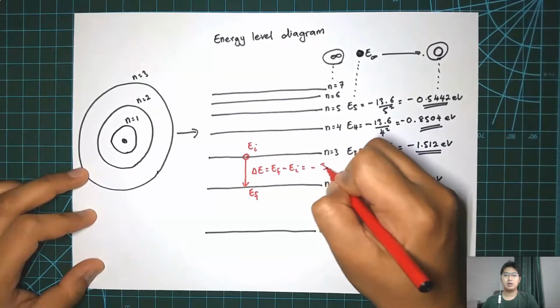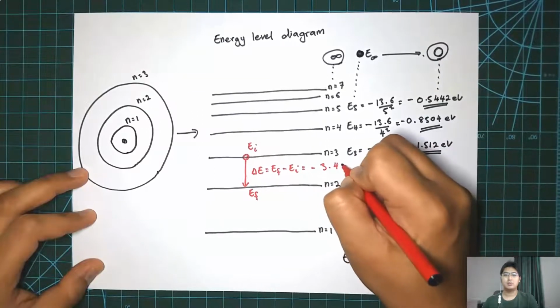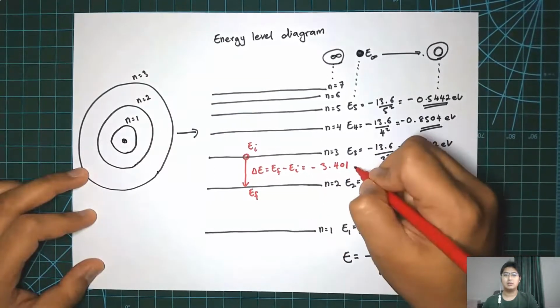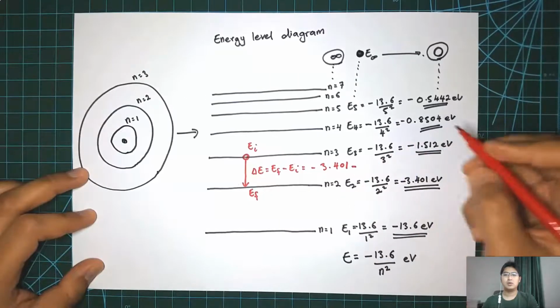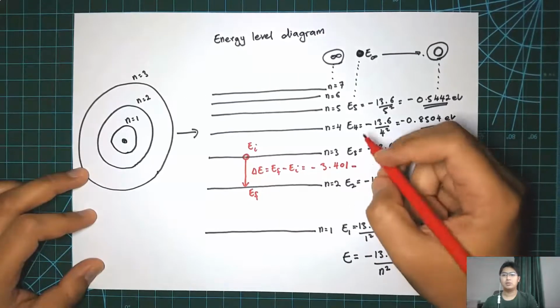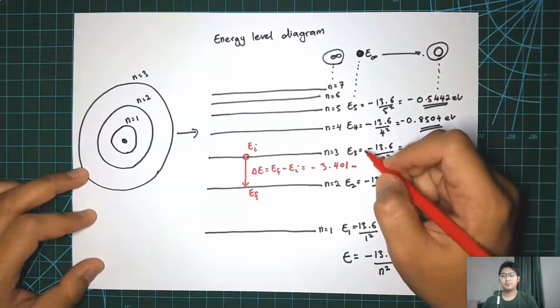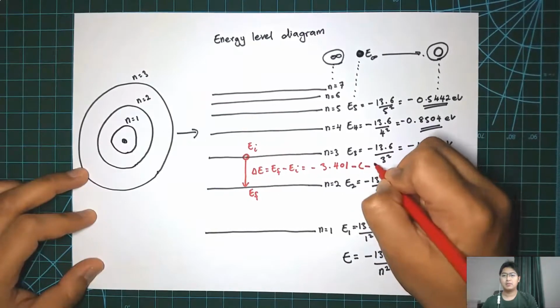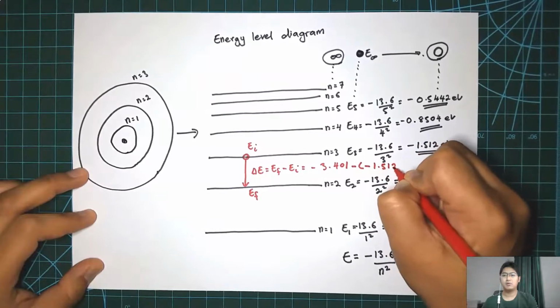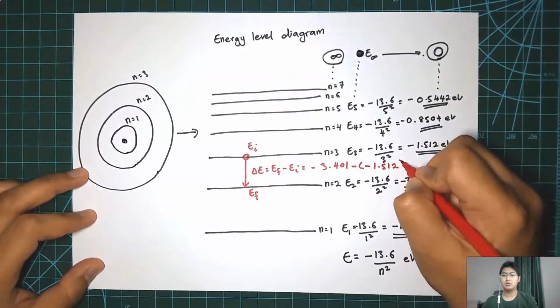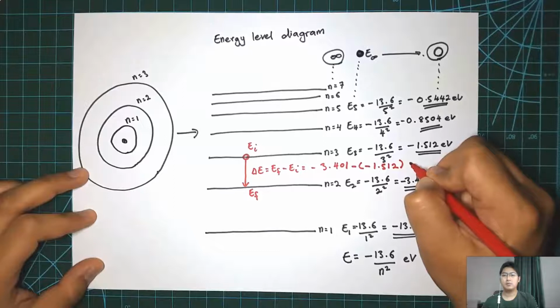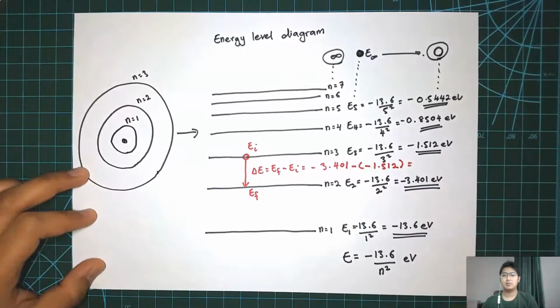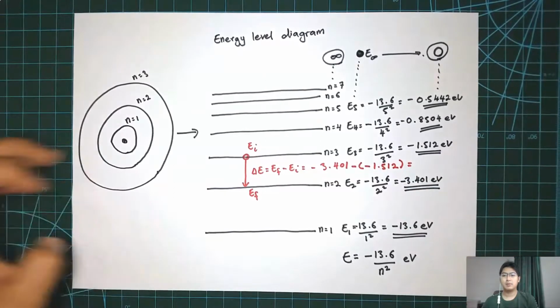The change of energy equals the final energy minus the initial energy, which equals negative 3.401 minus negative 1.512.